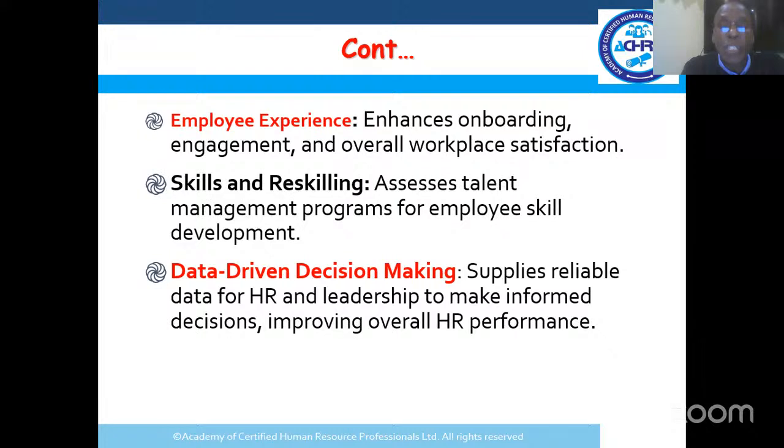We need to update our job descriptions or develop new ones. When we do an audit, we can find out which jobs need to be reviewed and which new jobs have come up in the environment. So when we audit, we will generate data related to job descriptions, which is an area of decision making when it comes to recruitment and selection.